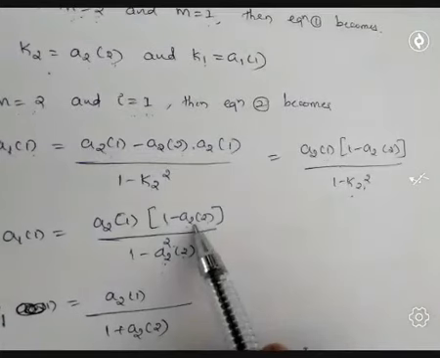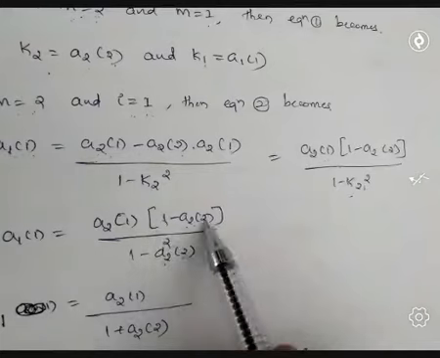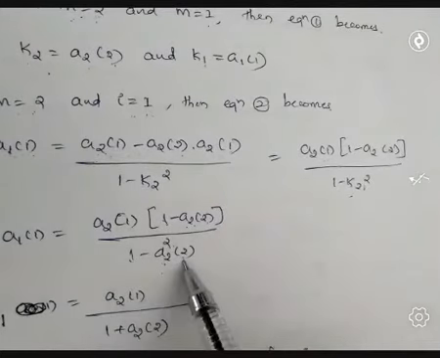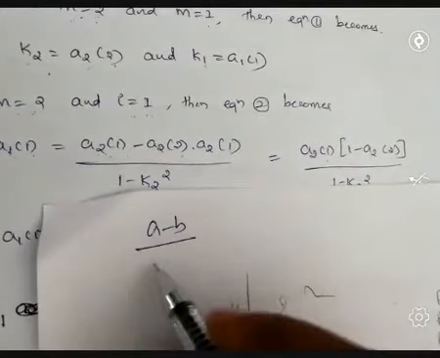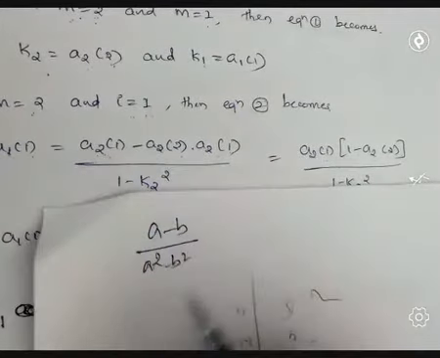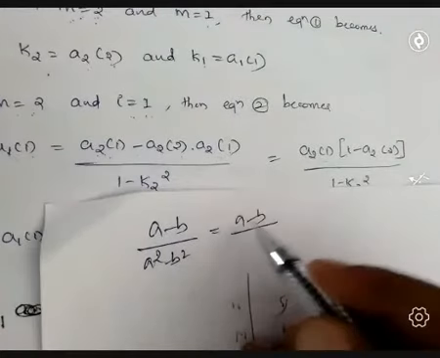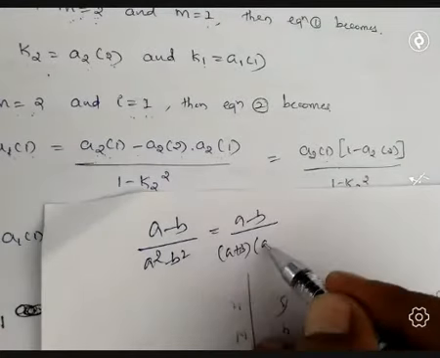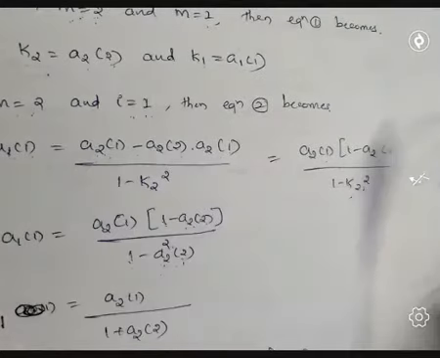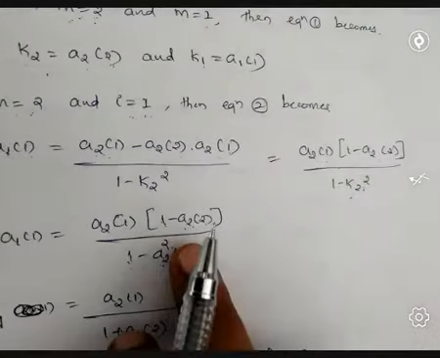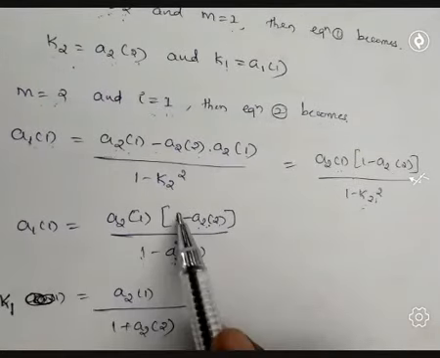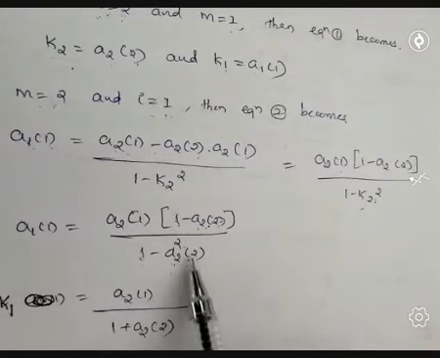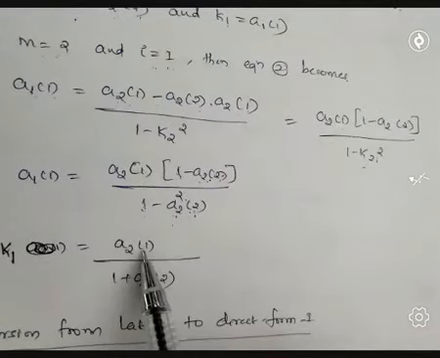In general, a minus b divided by a square minus b square can be written as a minus b divided by a plus b into a minus b, so a minus b gets cancelled. Similarly here, one term cancels, leaving A2 of 1 divided by 1 plus A2 of 2.